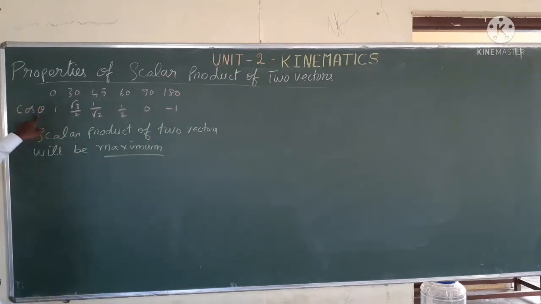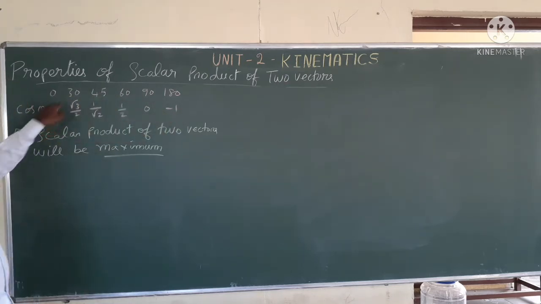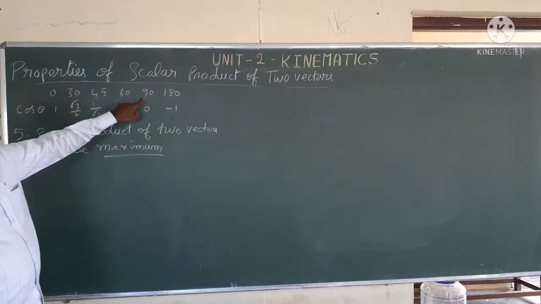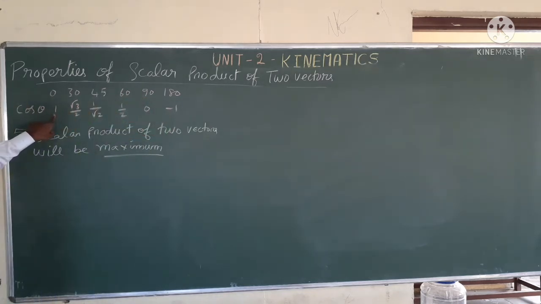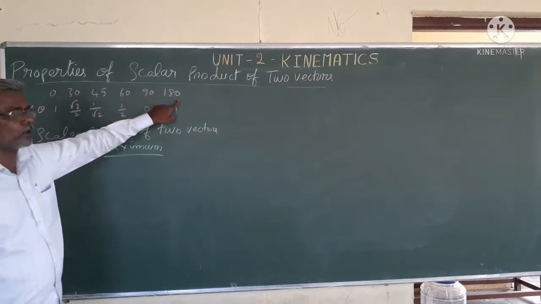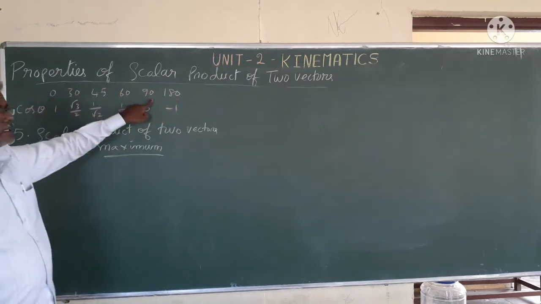Now you see here in cos theta, the maximum value is what? 1 and minimum value is -1 and 0 at 90 degrees. So when will be the maximum value? When theta is 0. When will be minimum? When theta is 180. When will be 0? When theta is 90 degrees.